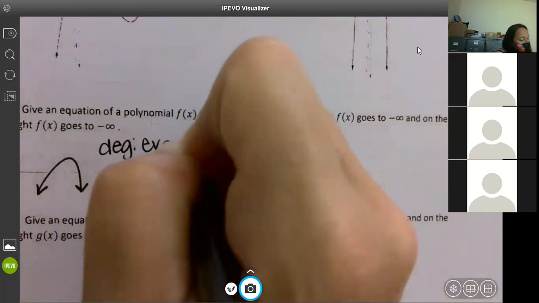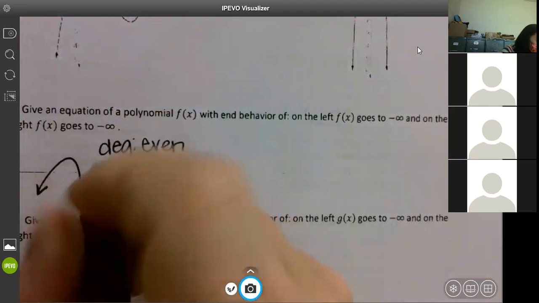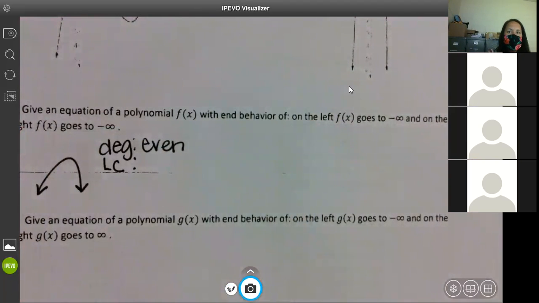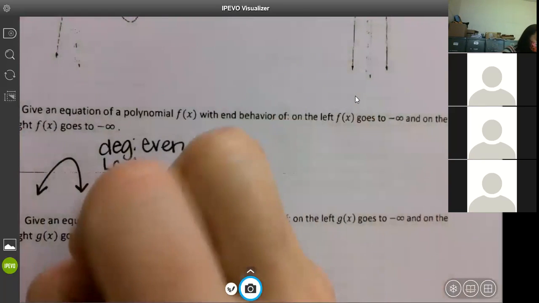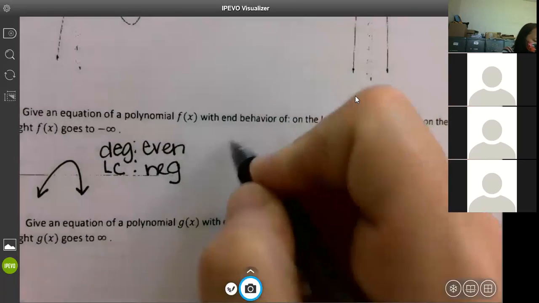Remember, odd is opposite directions, even is the same. And what does our leading coefficient have to be? Negative. Good job. You can make any function as long as your largest power is even and your leading coefficient is negative. There are an infinite amount of possibilities here. I'm going to make it as simple as possible.